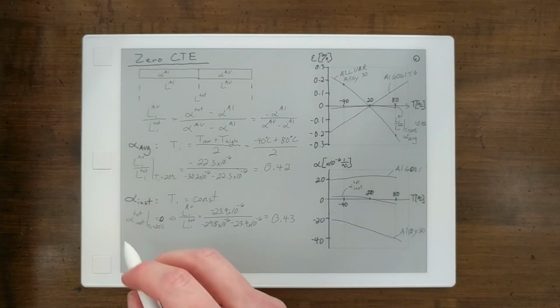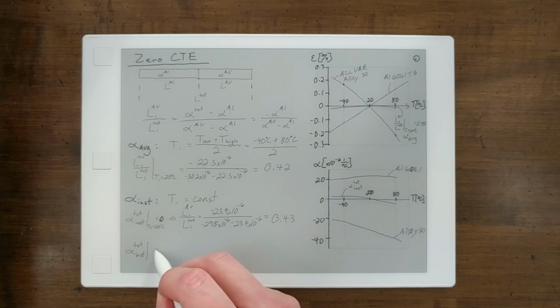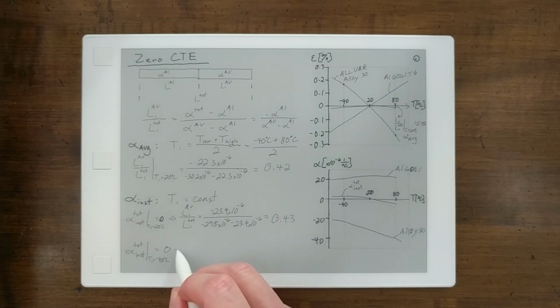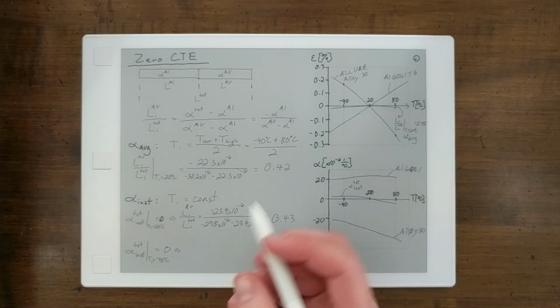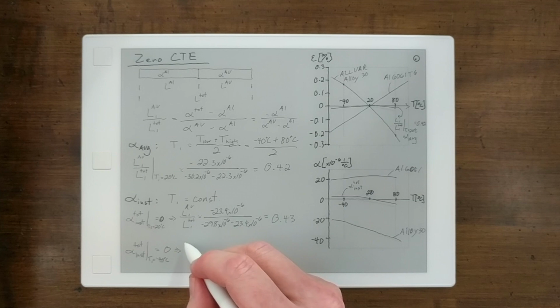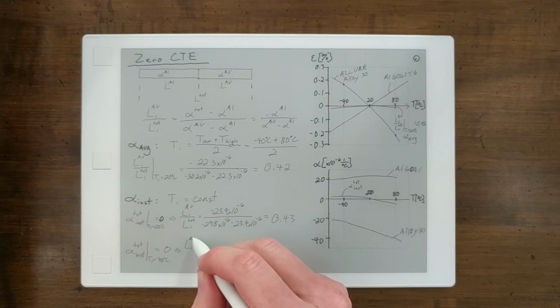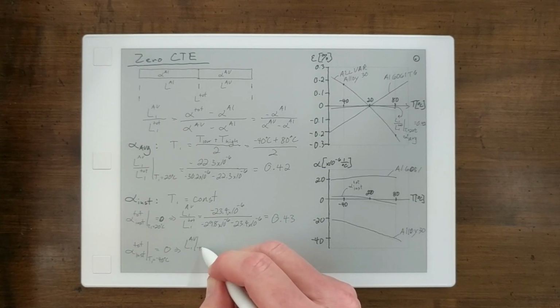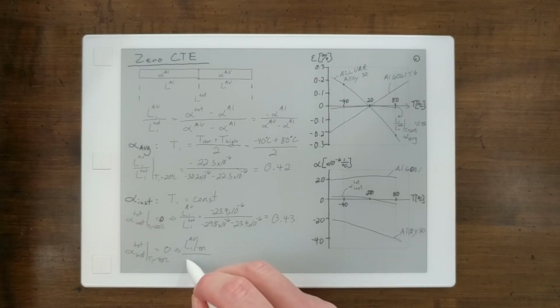So for example, if I want the total coefficient of thermal expansion to be 0 at T1 equal to negative 40 degrees Celsius, what I need to do is take L1 ALLVAR at negative 40 degrees C divided by L1 total at negative 40 degrees C.